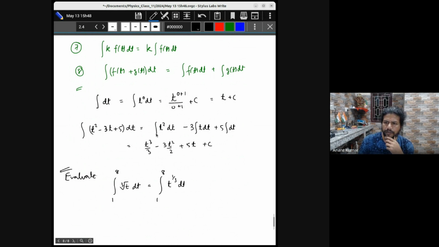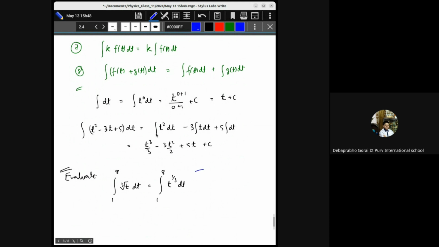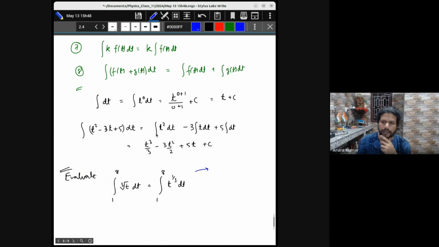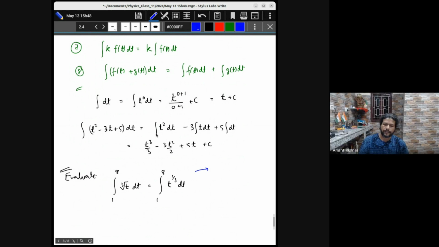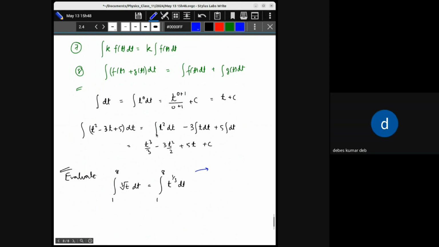Sir, is the answer 45 by 4? Let us see what it works out to be. You're getting 45 by 4. Yes, sir, 3/4 of 16 minus 1. Yeah, that's correct. Yes, sir, 45 by 4.